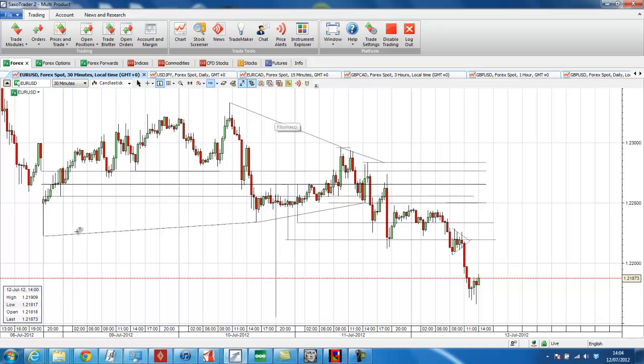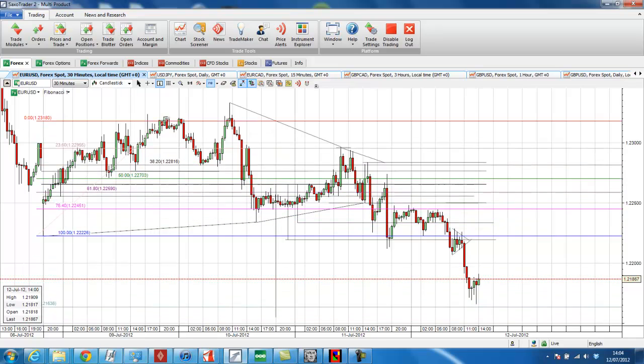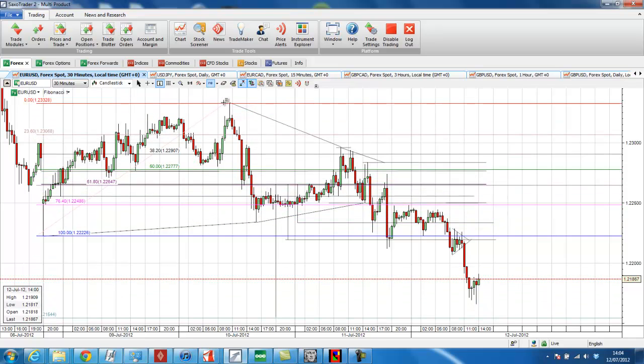If I do a Fibonacci retracement from the hammer low on the Sunday evening, then to the Monday morning gap closure, up to the highest point that it managed, note how the 61.8% line virtually perfectly captures the midpoint of that gap, and this is becoming a very busy chart now. It runs all the way through, and is also the midpoint of the funnel breakdown.